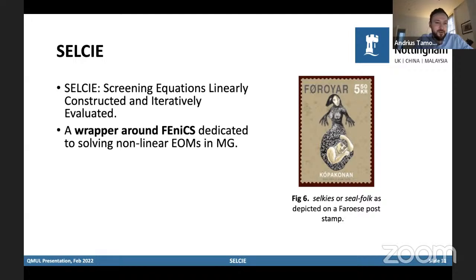Just to give you some trivia there. But it's basically a wrapper around Phoenix with some extra functionality dedicated to solving nonlinear equations of motion and modified gravity. At the moment, it's optimized to solve equations in 1, 2, and 3 dimensions.